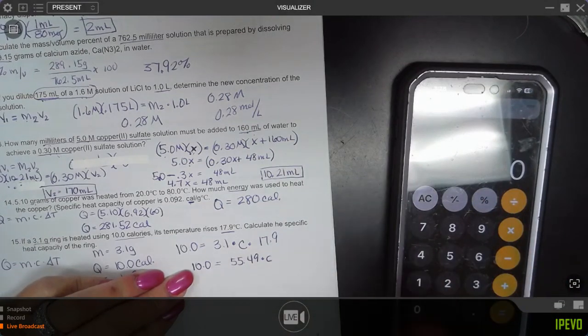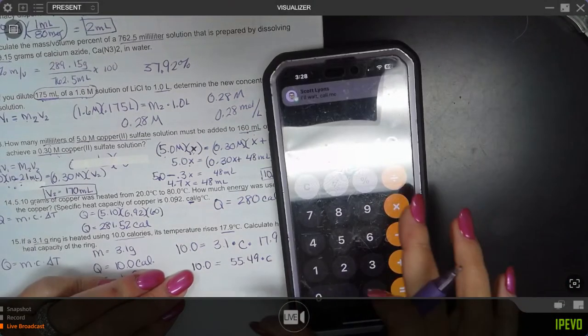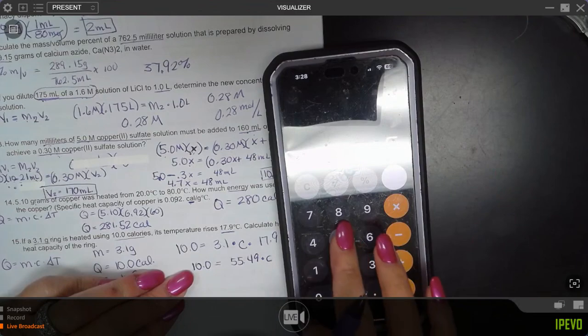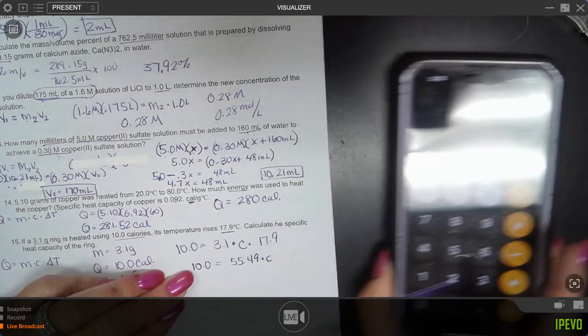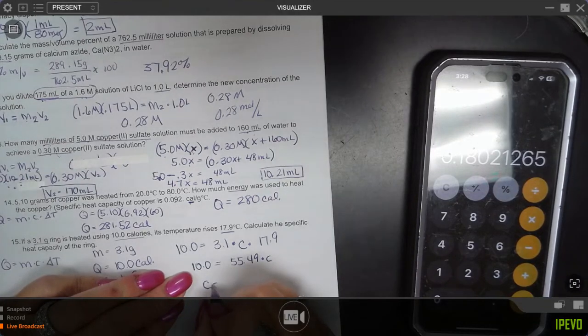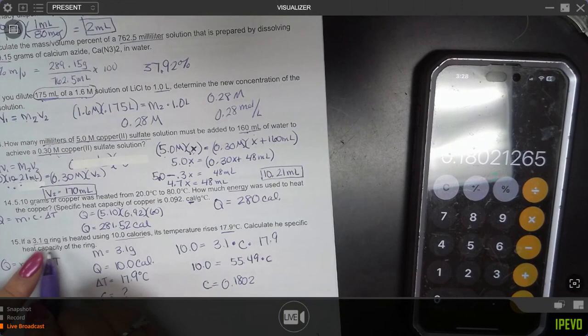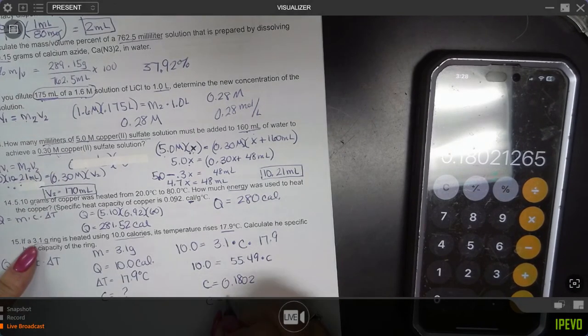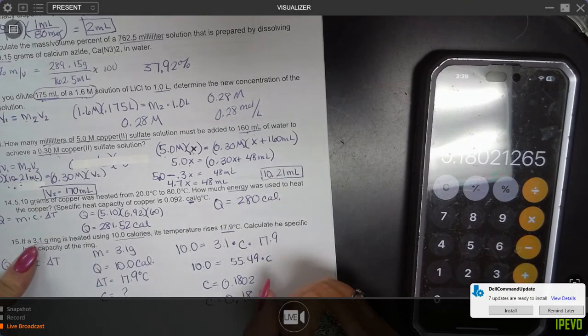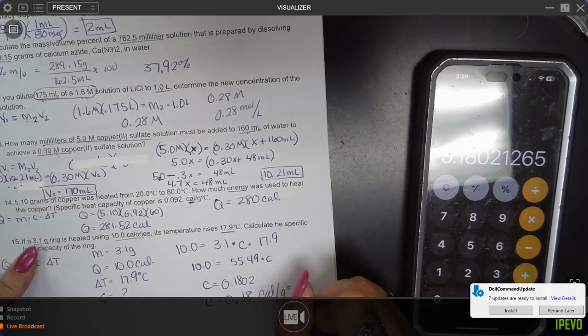So we're going to do 10 divided by 55.49, and we're going to get 0.1802. How many sig figs? I can use 2 sig figs. So C is equal to 0.18. That's going to be calories per gram degree Celsius.